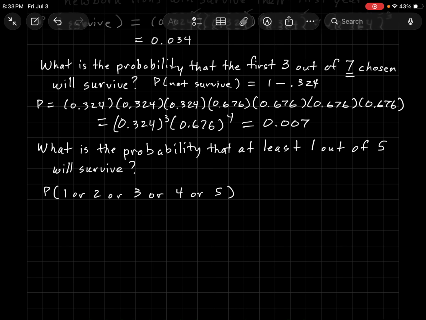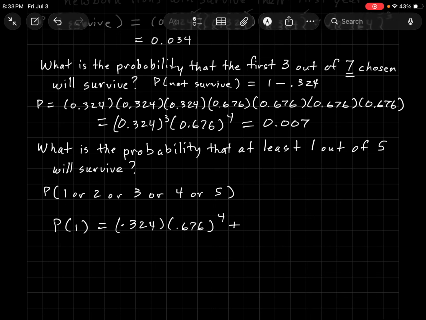This is a very, very complicated problem. Let's just look at the probability of 1 surviving. The probability of 1 surviving could be something like this. It could be that the first one survives and that the next 4 do not, right?